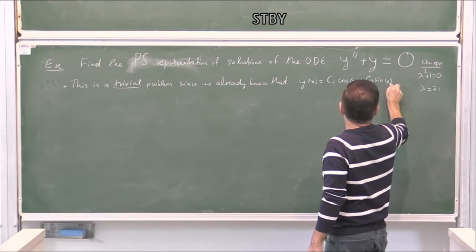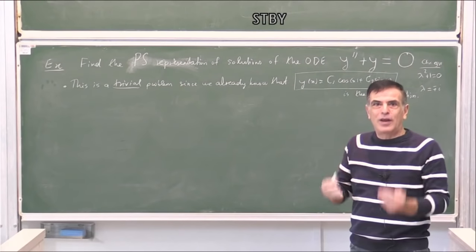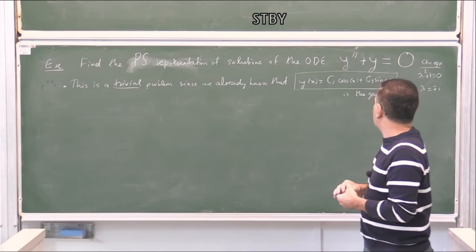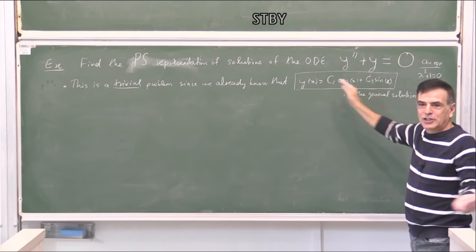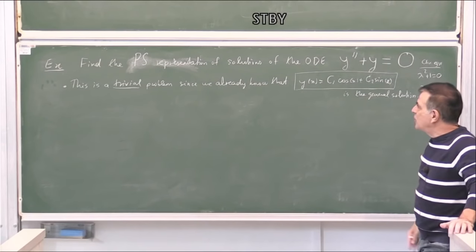So I mean that there is no need to use power series representation. The solution is a closed explicit solution in terms of elementary functions. Elementary functions of mathematical analysis are known. The first solution is cosine x, the second solution is sine x, and the combination gives us the general solution.